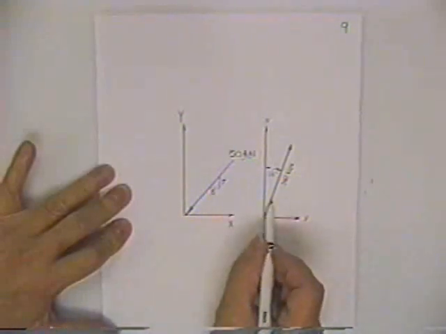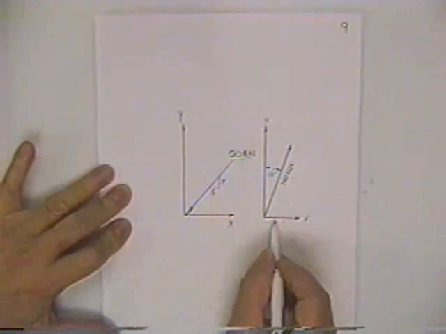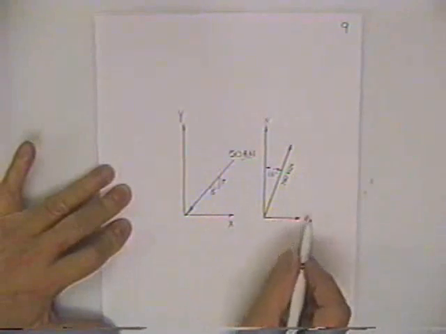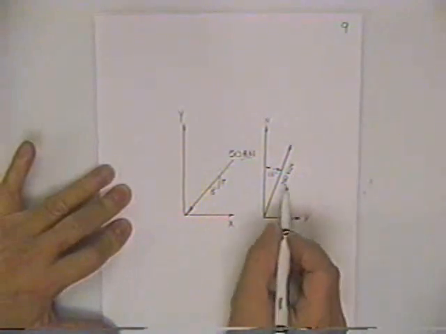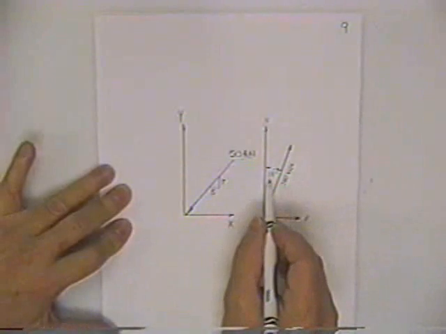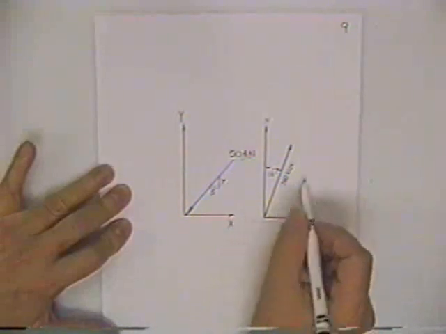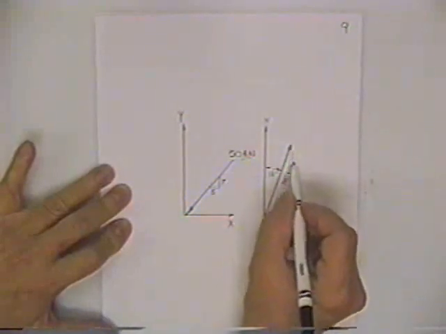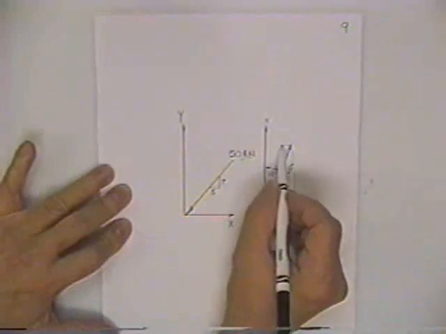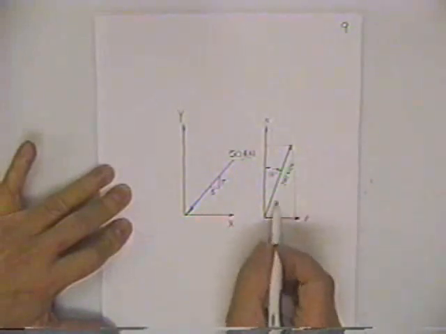Many times you will need to determine the component of these forces on a set of axes. They could give you the force and give you some angle, perhaps with respect to the vertical axis, perhaps with respect to the horizontal axis. You can draw a box around this force.